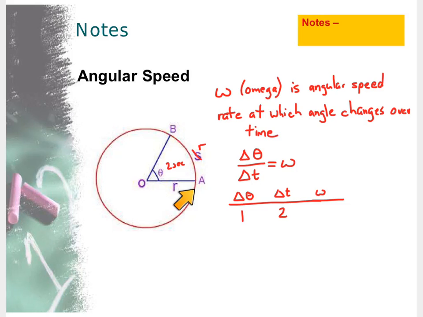So my delta theta is equal to r divided by r, which is 1, my change in angular displacement. And if I did that over 2 seconds, my value of omega would be 1 over 2, which is 1/2. And the units would be radians per second. This is in seconds, of course, and this is in radians.